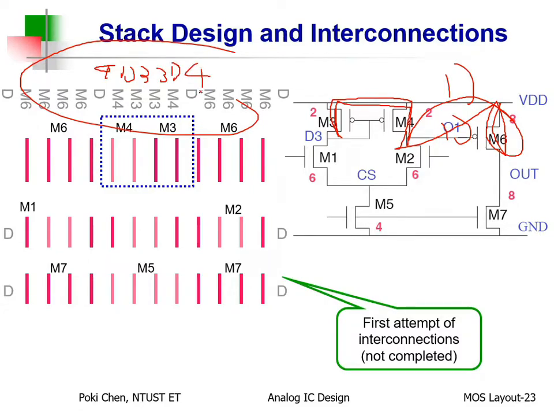Right? Compared to the original one, this one achieves a more compact layout. We have common centroid, and then symmetry, and then compactness, and then dispersion, blah blah blah. Right? So according to compactness, this one is better than that. Because M3, M4, they are closer in the layout. Got it?